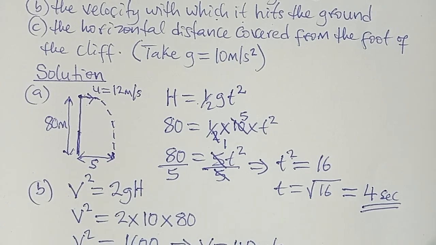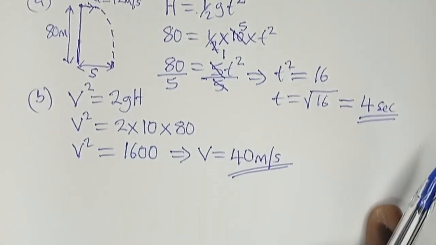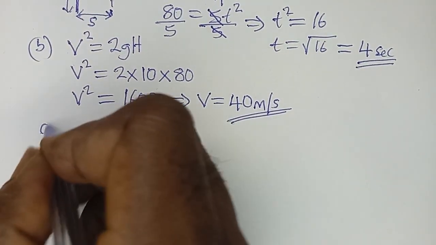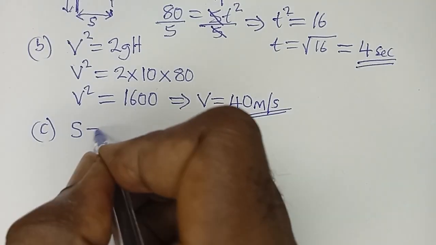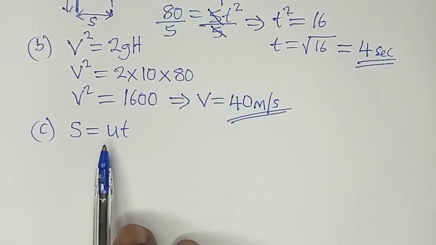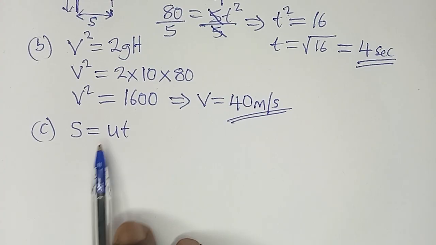So the horizontal distance S is given by u multiplied by the time. This is the formula to find that horizontal distance.